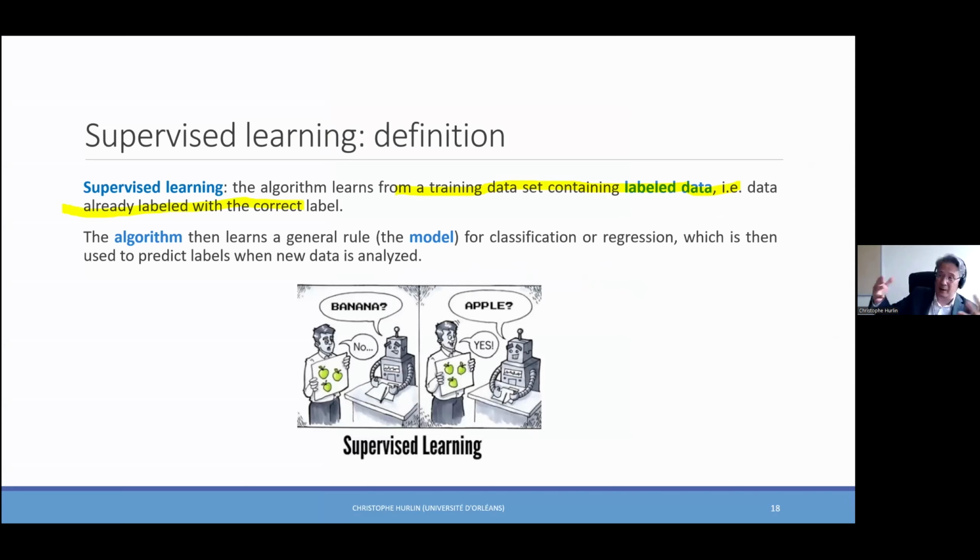For instance, I observe Y. And the algorithm tends to produce a general rule, so a model for the classification or for the regression, which is then used to predict the label, to predict Y, when new data is analyzed. So you have an algorithm that generates a model from the data.